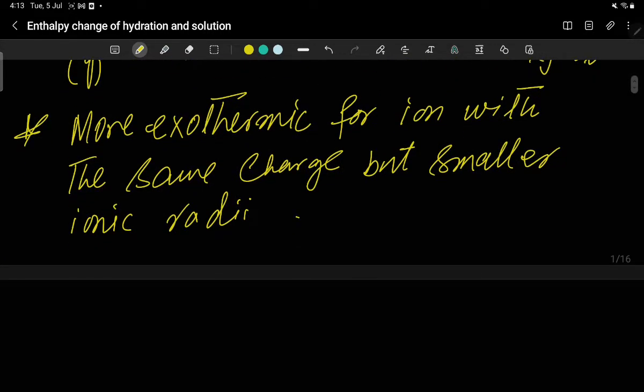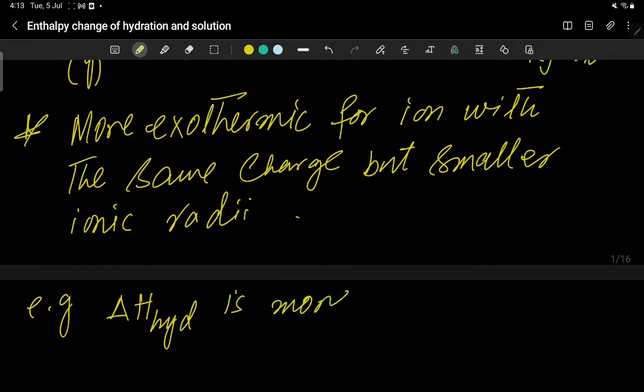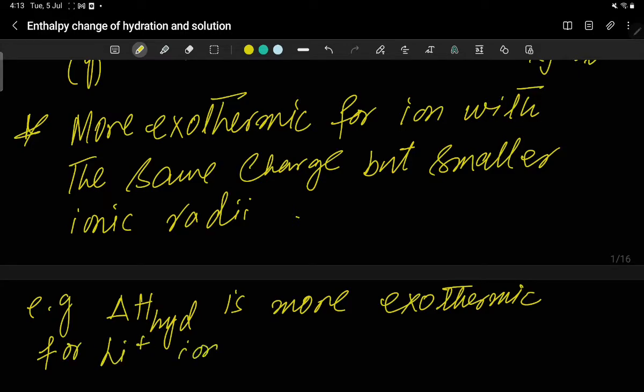For example, delta H hydration is more exothermic for lithium ion than for sodium ion.